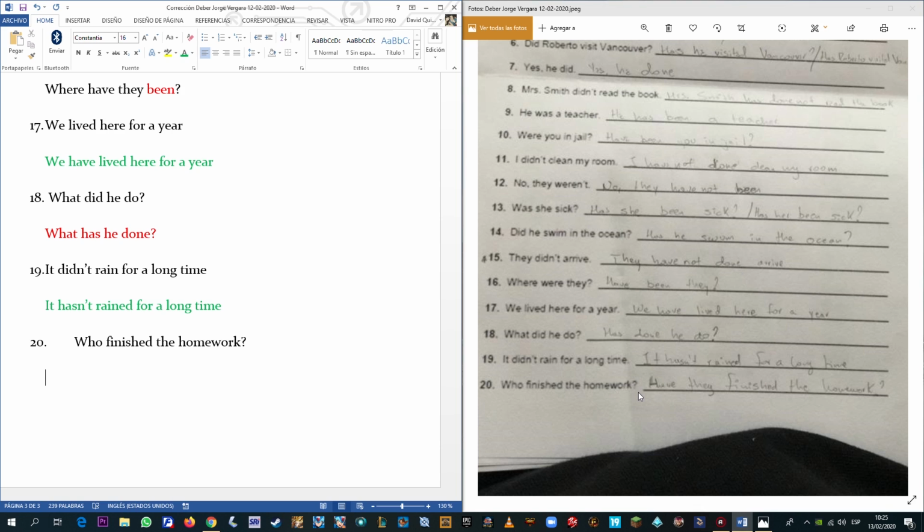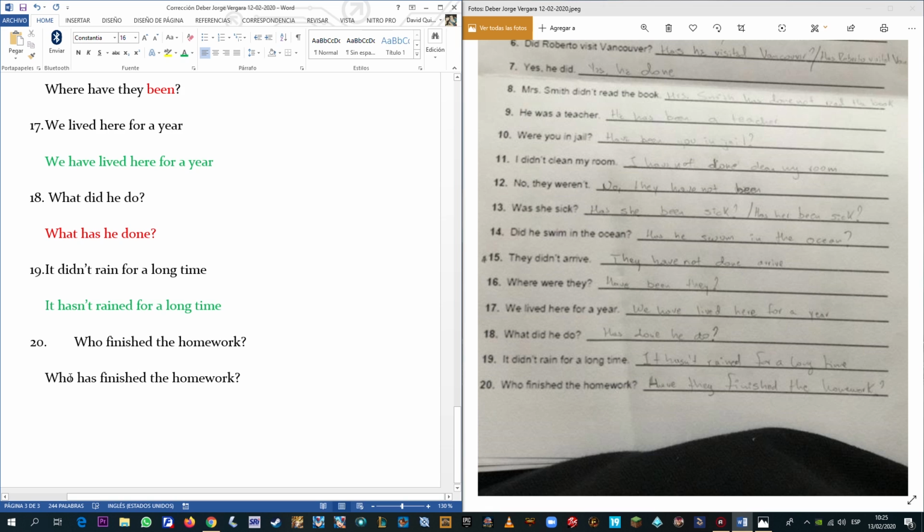But here we have the word who, so we have to include this WH question, right? It says who has finished the homework. And why do I use has?